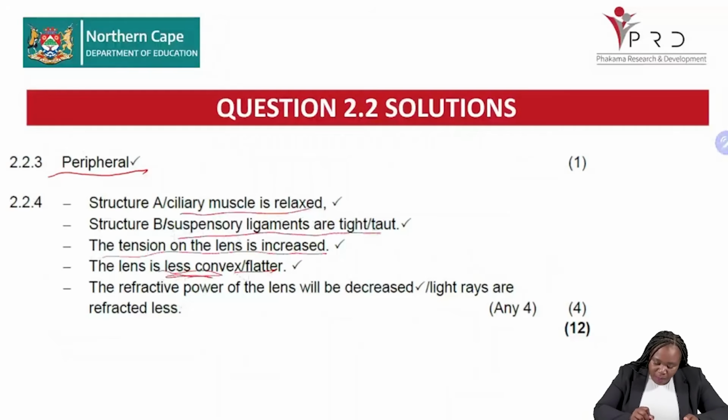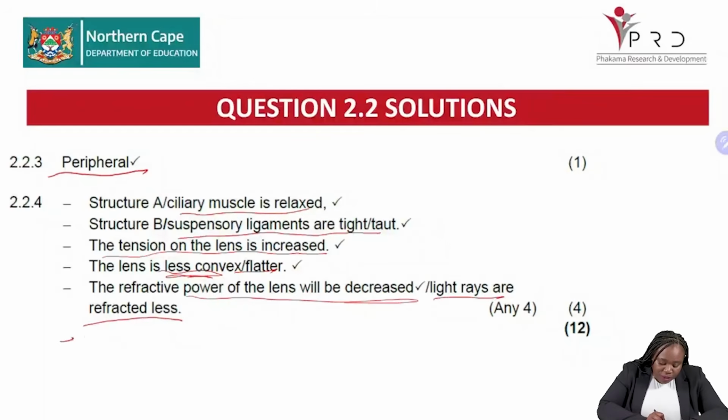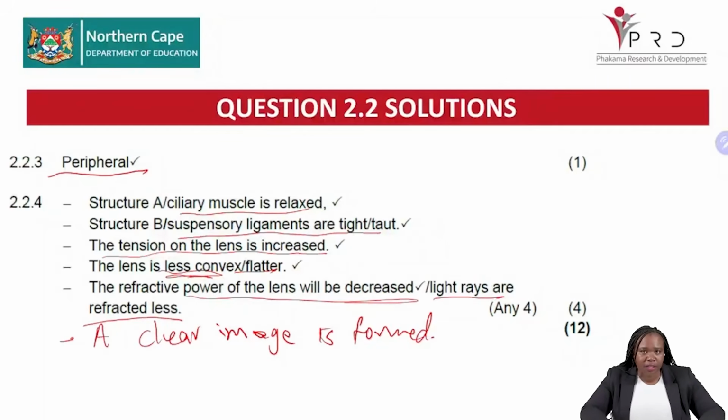And then the refractive power would also decrease, meaning that the light rays would be bent less or refracted less, allowing light to fall onto the retina or a clear image to be formed on the retina. Right. So you can also mention that a clear image is formed at the retina. Sometimes they do give a mark for that, right? So this is how you would explain accommodation.